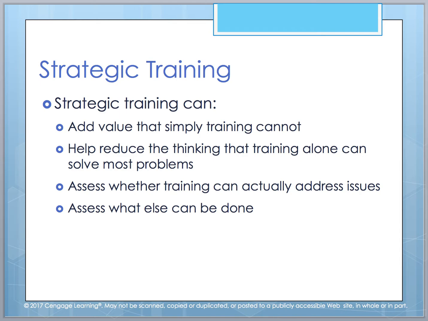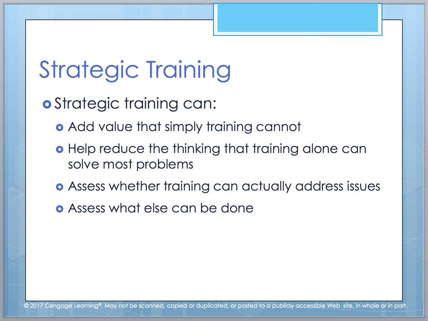And as your goals adjust within the organization, so should your training. As the technology improves, so should your training. Strategic training can also help reduce the thinking that training alone can solve most problems.